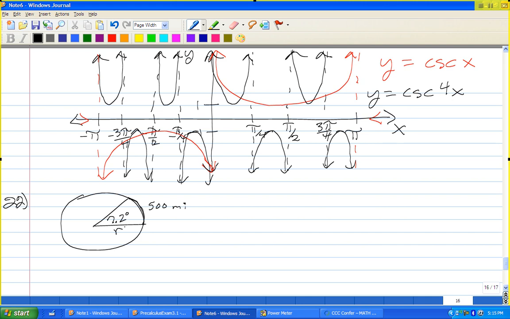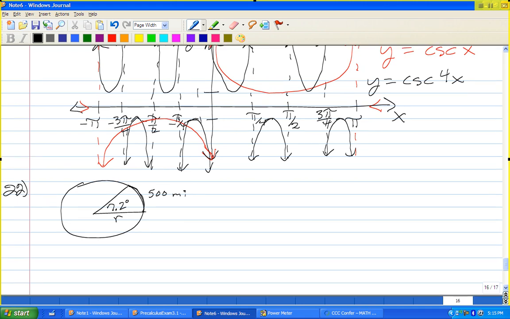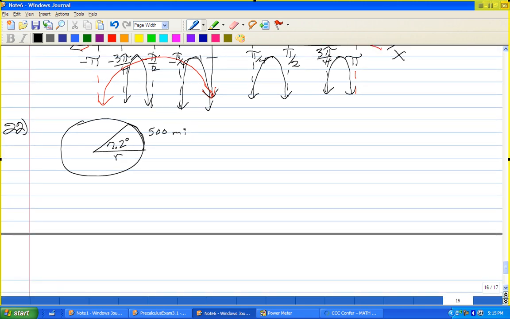So let's do that. First, let's figure out what theta is. So it's 7.2 degrees, and there are pi radians in 180 degrees.